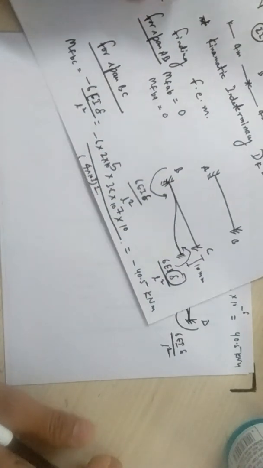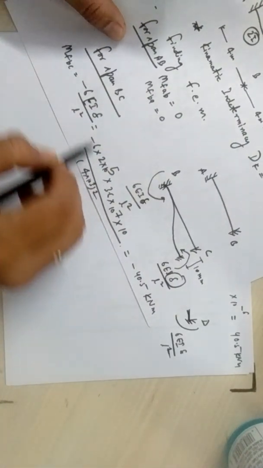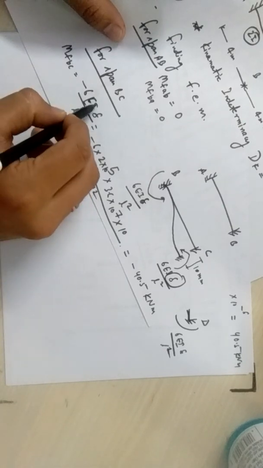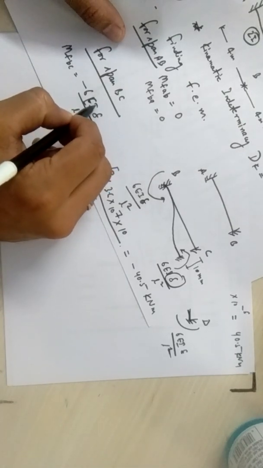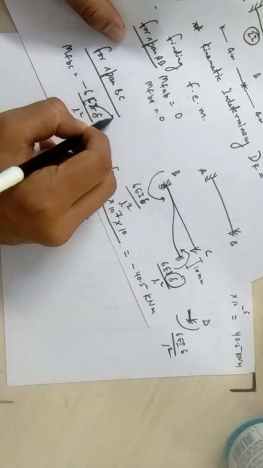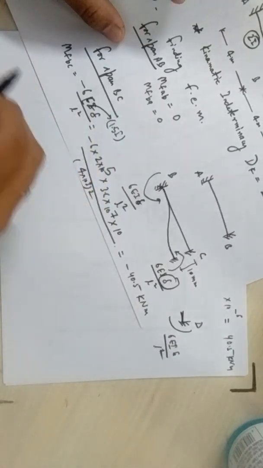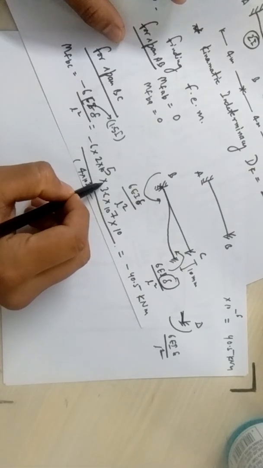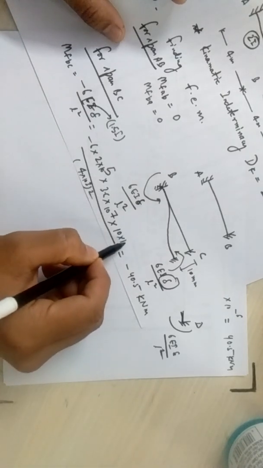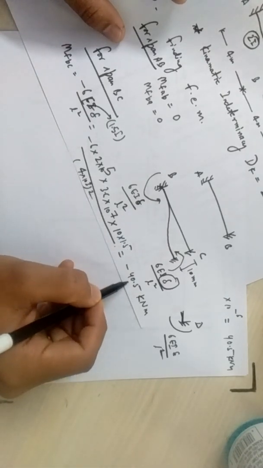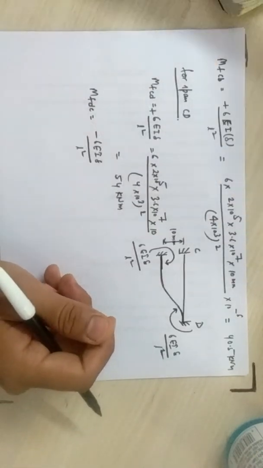So here also, in place of this I, it should not be I, it should be 1.5I. So here I will multiply with 1.5, then I will get minus 40.5.